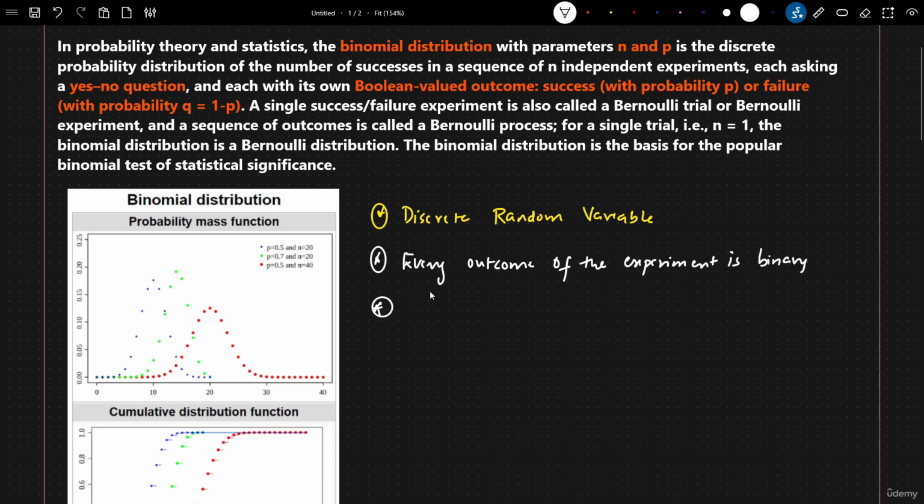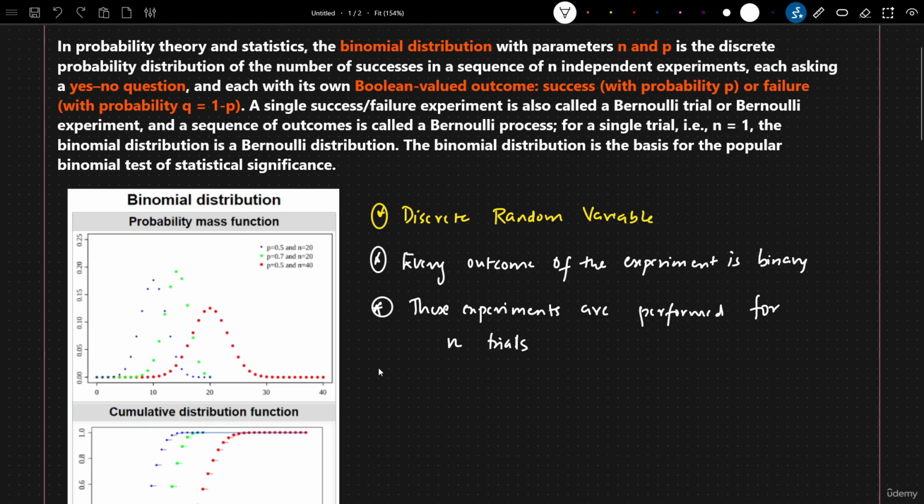Next important point: these experiments are performed for n trials. As I said, n trials. Here we can see that we basically work on a sequence of n independent experiments, and that is the reason we are saying that these experiments are performed for n trials.